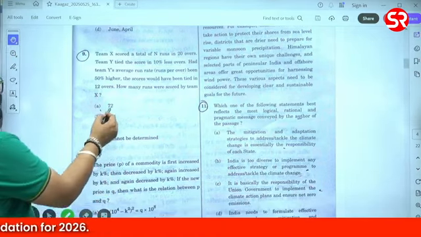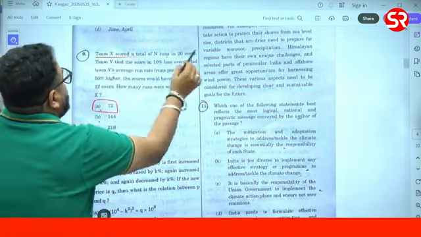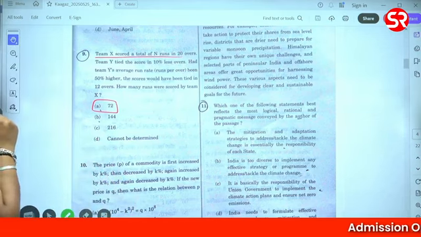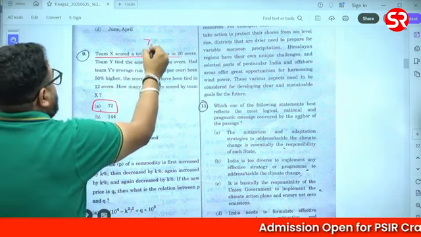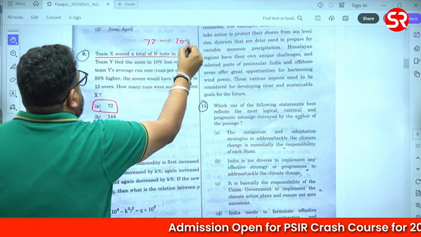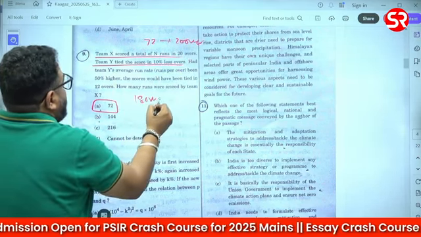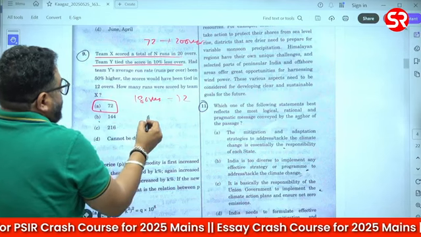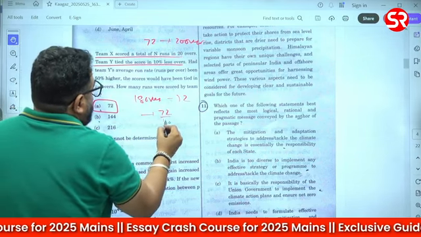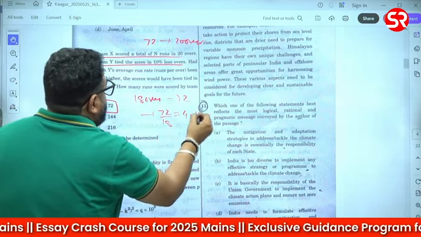I started with the option. Team X scored a total of n runs. So I say 70 runs in 20 overs. Team Y tied in 10 overs less to 18 overs. Y ने 72 रन. इसका एवरेज ओवर क्या हो गया? 70 by 18 runs per over.